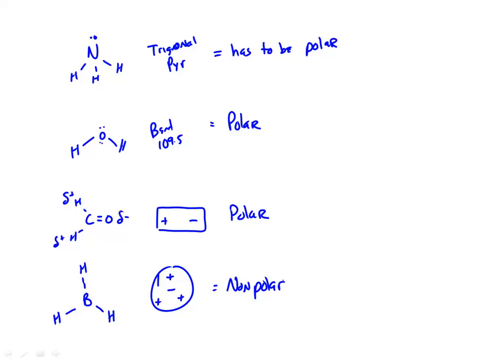Okay, so one more time, can you just say the difference between polar and nonpolar? Polar means that there's a separation of charge. It means that it looks like a magnet, meaning there's a positive side and a negative side, or there's a net push or pull on it.